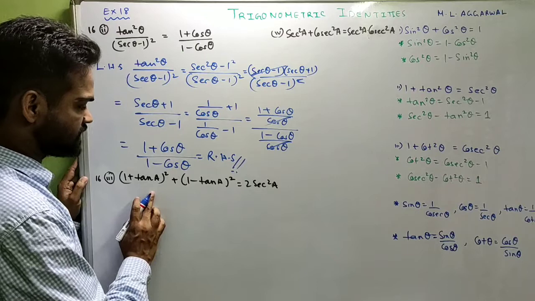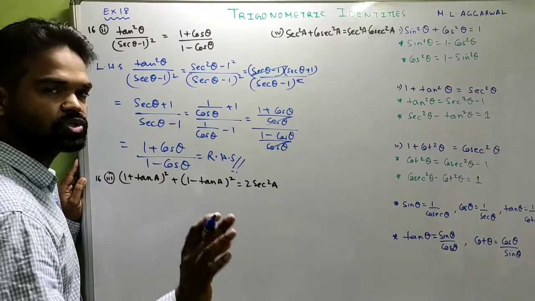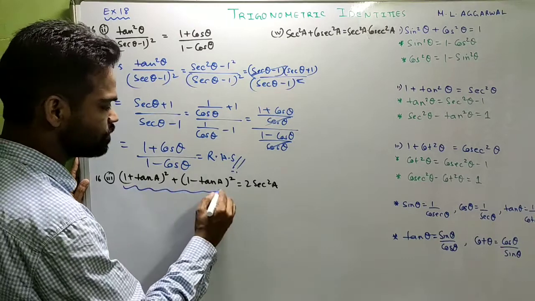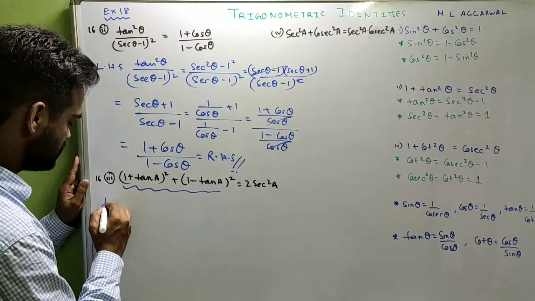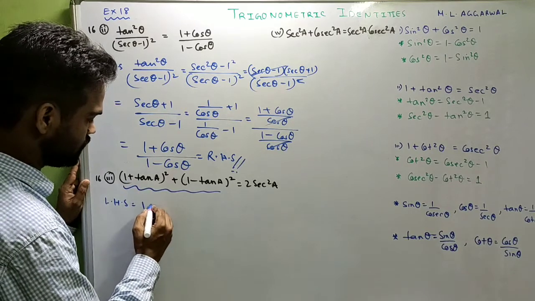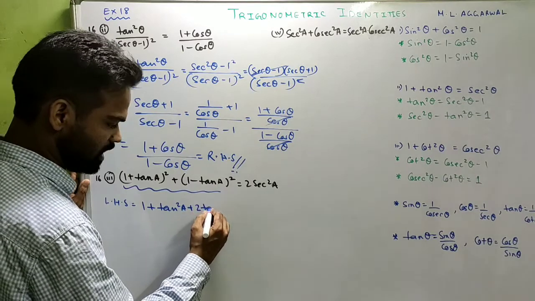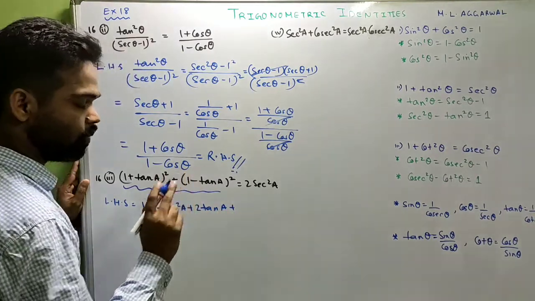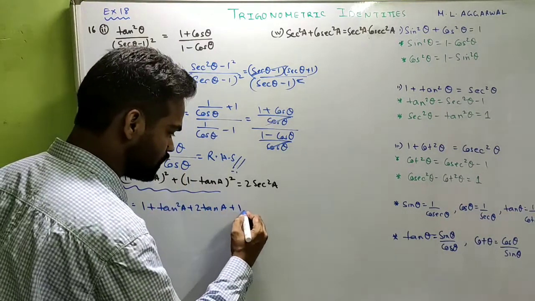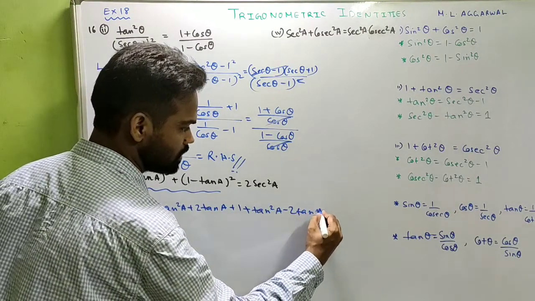Prove that 1 plus tan A whole square plus 1 minus tan A whole square equals to 2 sec square A. Very simple. Just expand left hand side. See, left hand side. 1 plus tan A whole square will be 1 square plus A square plus B square plus twice AB. Similarly, 1 minus tan A whole square will be A square plus B square minus twice AB.